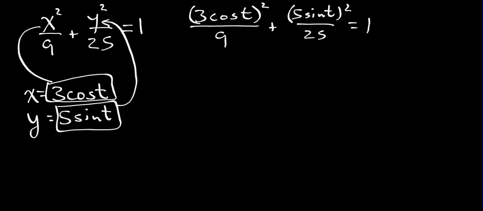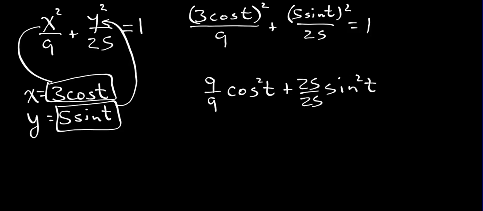And let's see here, this is 9 over 9 cosine squared t plus 25 over 25 sine squared t. Let's see if that equals 1. Well, this and this cancel. So yeah, cosine squared t plus sine squared t. Yeah, that does indeed equal 1.